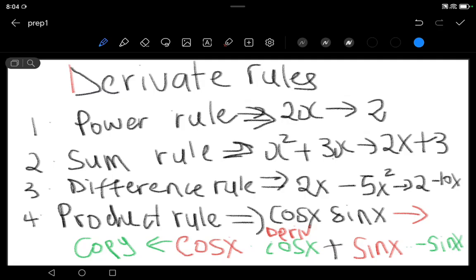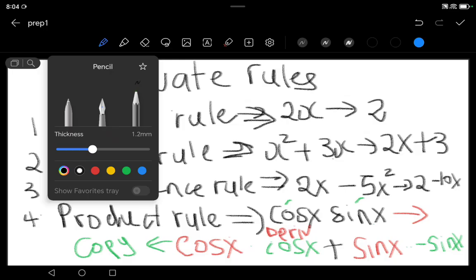So this is how we derivate with the product rule: we copy, we derivate, we copy, we derivate. We started by copying cos and derivating sine, then copied sine and derivated cos. Do you get it? Yes. Okay.